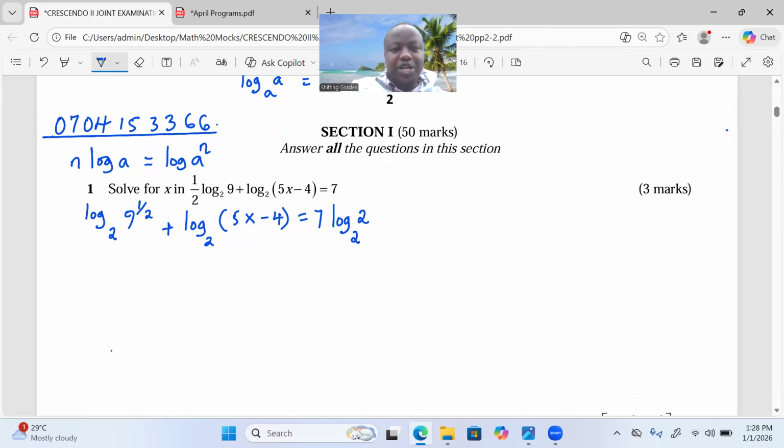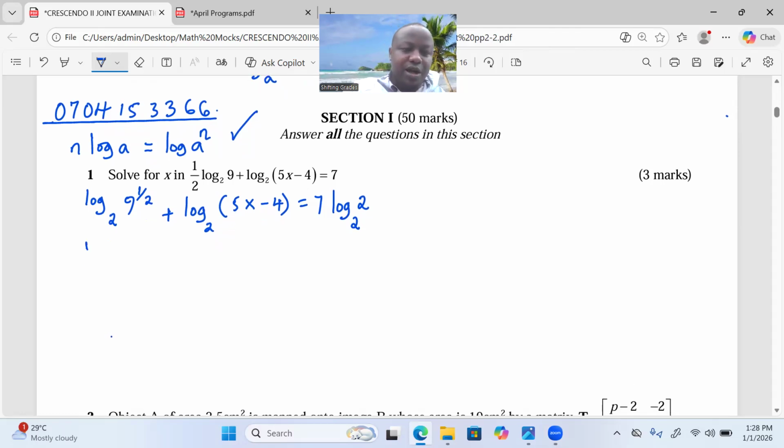From this point, the law that we applied in the first term can also be used on the right-hand side, such that it becomes the logarithm to base 2 of 3, because 9 power half means the square root of 9, which is 3, plus the logarithm to base 2 of 5x minus 4.